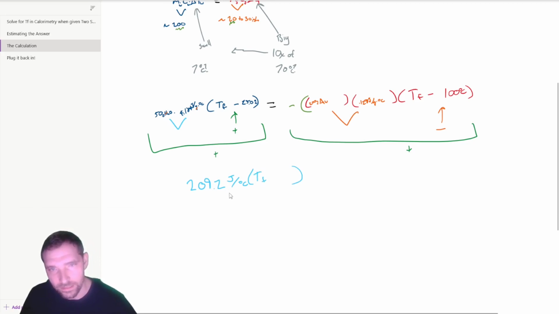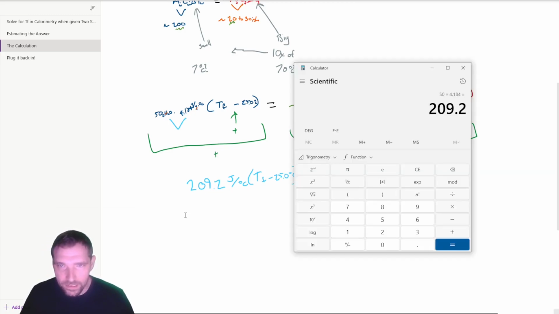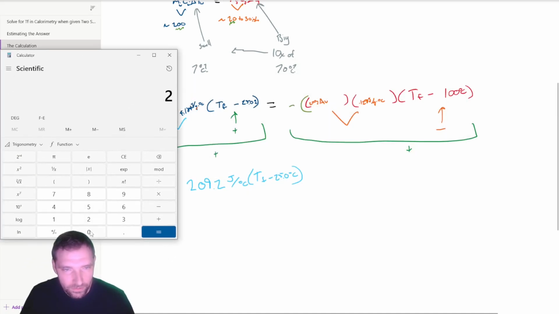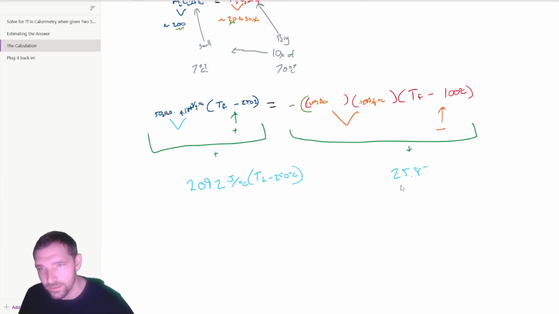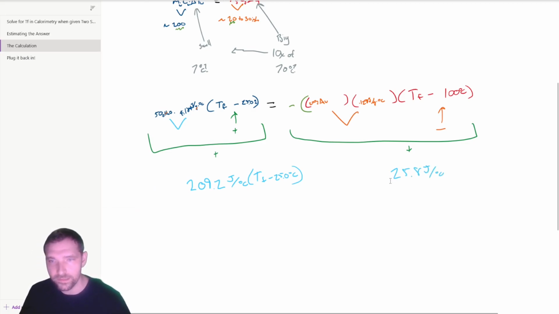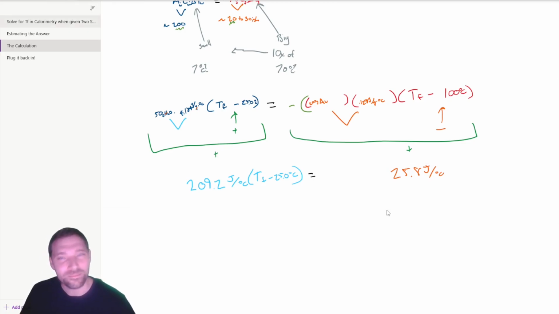You've got T final minus 25.0 degrees Celsius. And then on the other side, we've got our 200 grams times the 0.129. This is 25.8 joules per degree Celsius. Those two numbers combined. And we need to have minus out front.